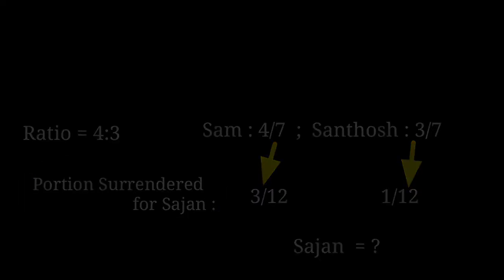First of all, we need to know how much Sam is surrendering for Sajan. Here, Sam's share is 4/7. Then, he is surrendering 3/12 portion of his share.